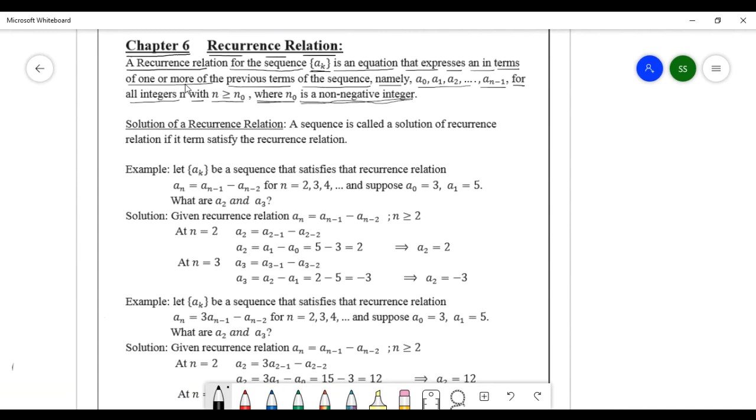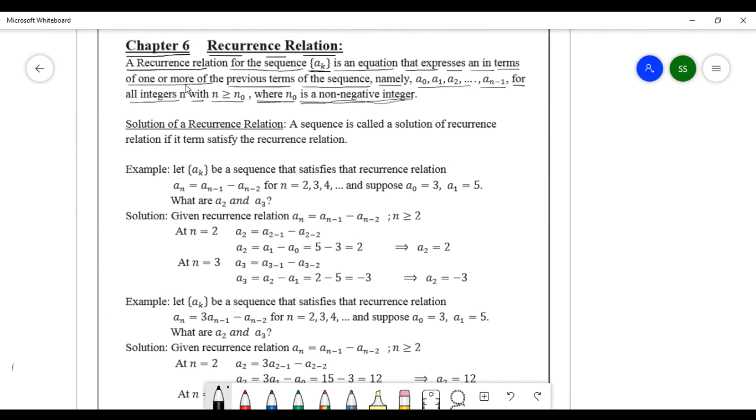Non-negative integer means maybe 0, maybe 1, 2, 3, 4, 5, 6, 7 like that. All positive integers including 0, right? So this is called a recurrence relation.